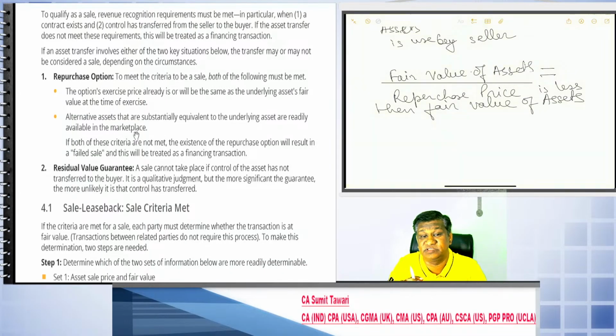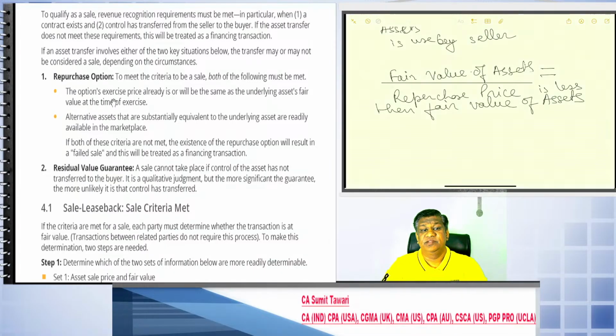So it is not basically an asset used by the lessee only. Anyone can use the asset. If these two conditions are met, then we can consider this a sale. If these two conditions are not met, then we need to consider this a financing transaction. So you need to keep that in mind.